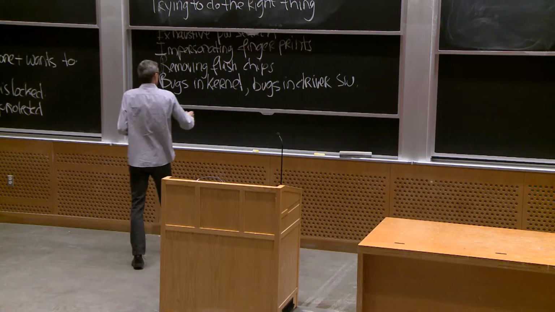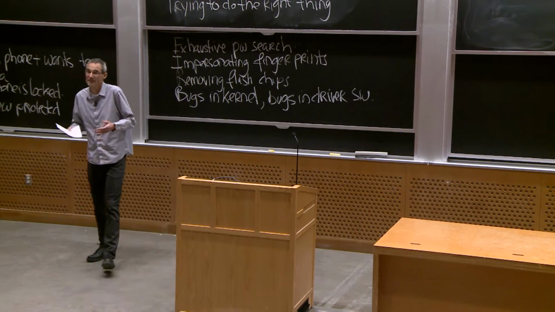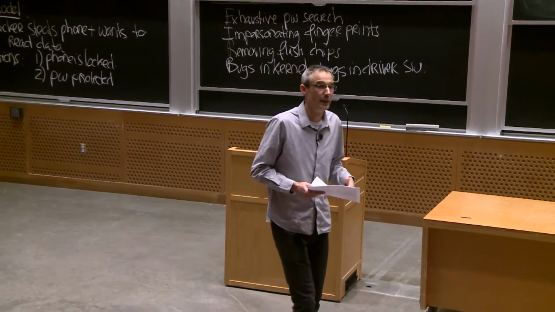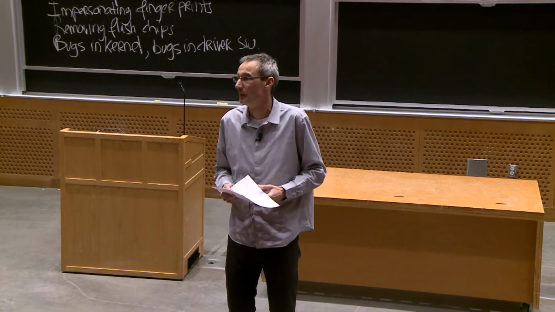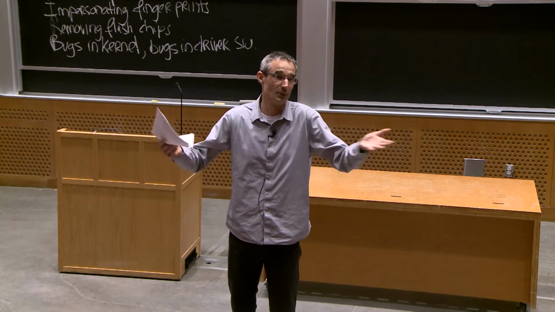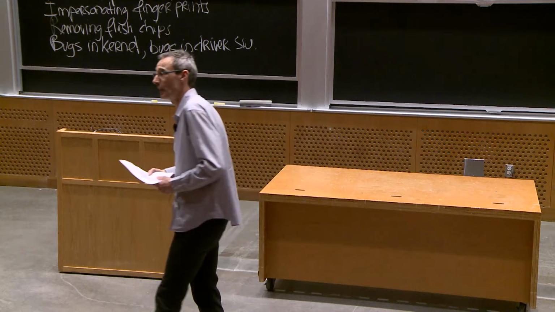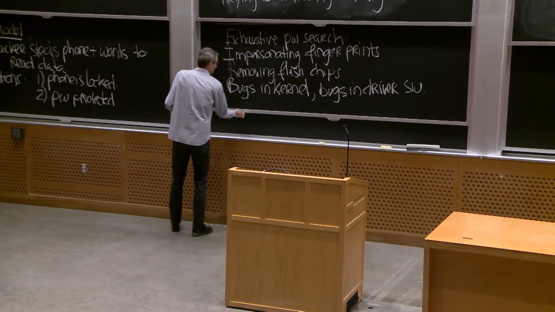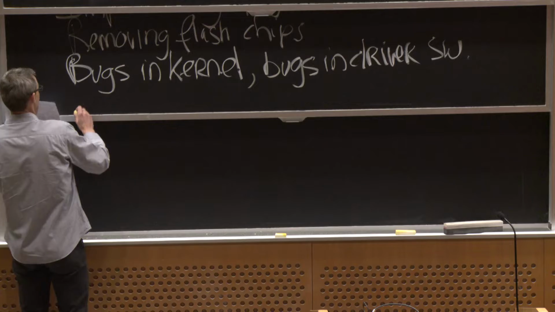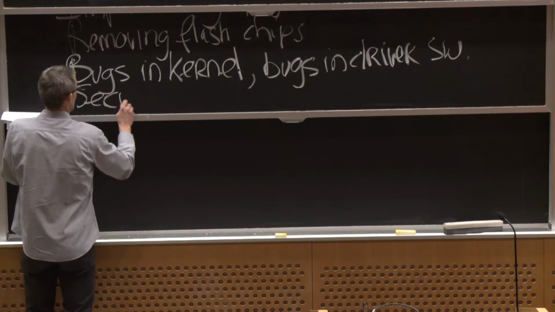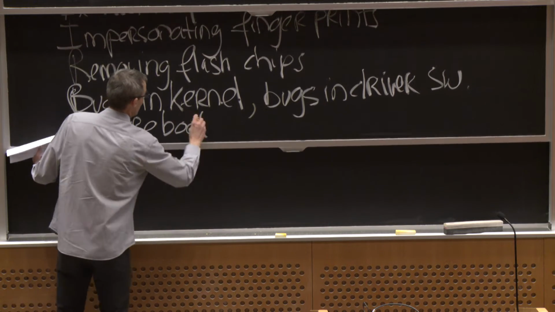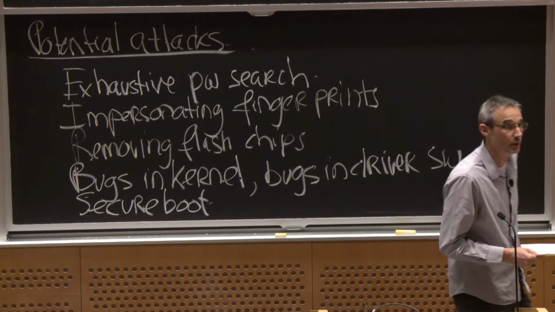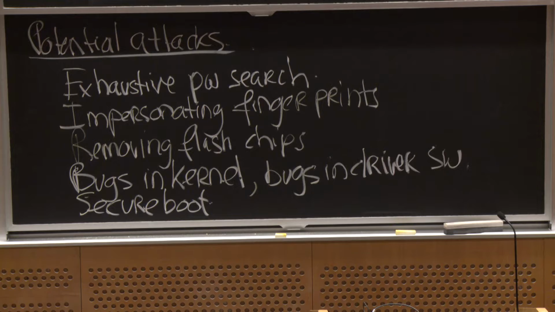And finally, of course, they have to be worried if the attacker has physical access to the device. Maybe the attacker can arrange to boot his own operating system on it, and then the attacker is free and can do everything he or she likes. So they have to worry about how to ensure that the appropriate software is running on the device. This is some form of secure boot, in order to ensure that the device actually runs the Apple software, so that the attacker can't install his own operating system.